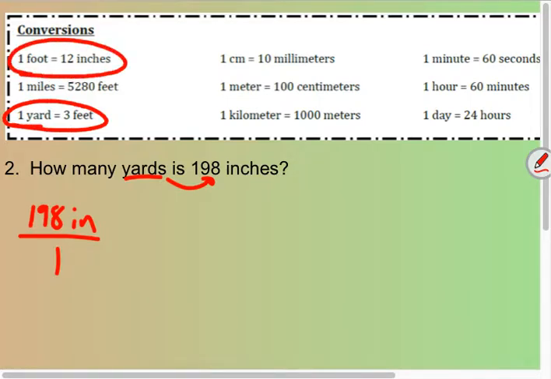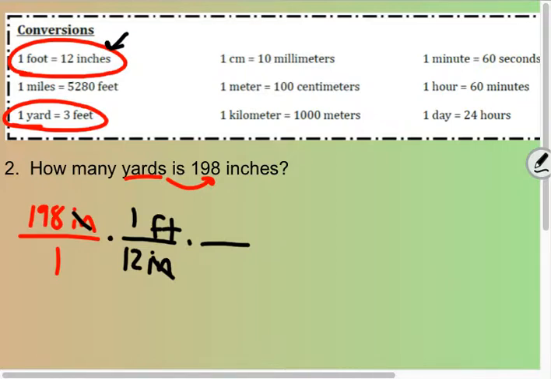So those are the 2 fractions you're going to have to create. So first of all, inches and feet. I'm going to put inches down here and feet up here. And you can see there's 12 inches in a foot. So 1 foot over 12 inches. Times, the inches will eventually cancel out.